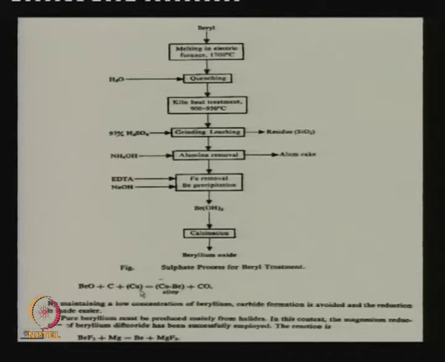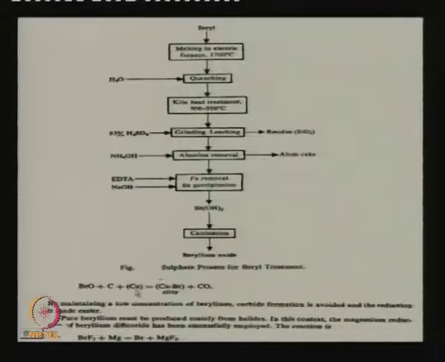Now, to avoid that, if we introduce copper in the system, then instead of beryllium we produce copper beryllium alloy, and because the beryllium activity is low, this reaction will go to the right, will take place more favorably, and the advantage is copper beryllium alloy finds application in the industry. So, we have many advantages through the presence of copper.